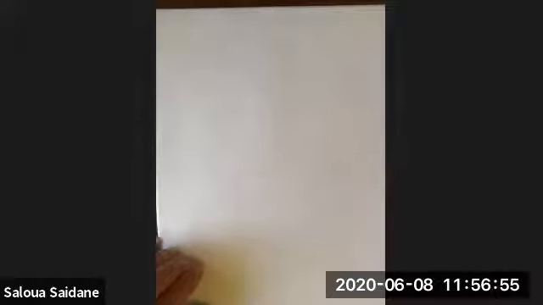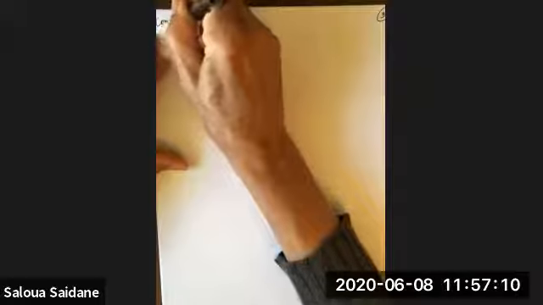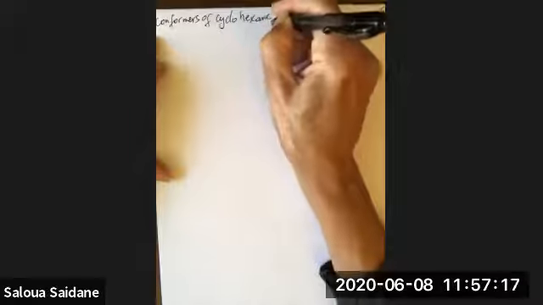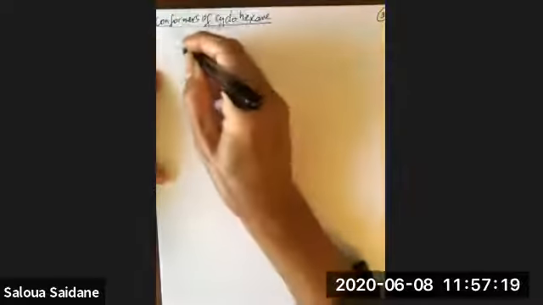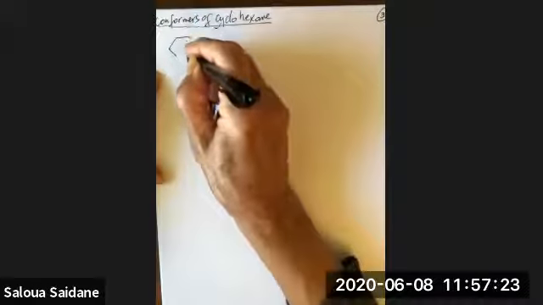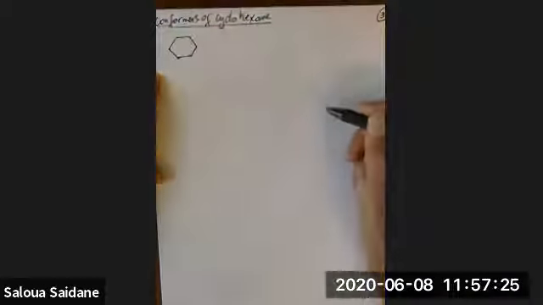Now, let's go to the next type of conformers, which are cyclohexane. Of course, there are other types of cyclic compounds that have conformers, but we're going to look at the conformers of cyclohexane. So cyclohexane is a molecule with 6 carbons, and it's cyclic, it's a ring.